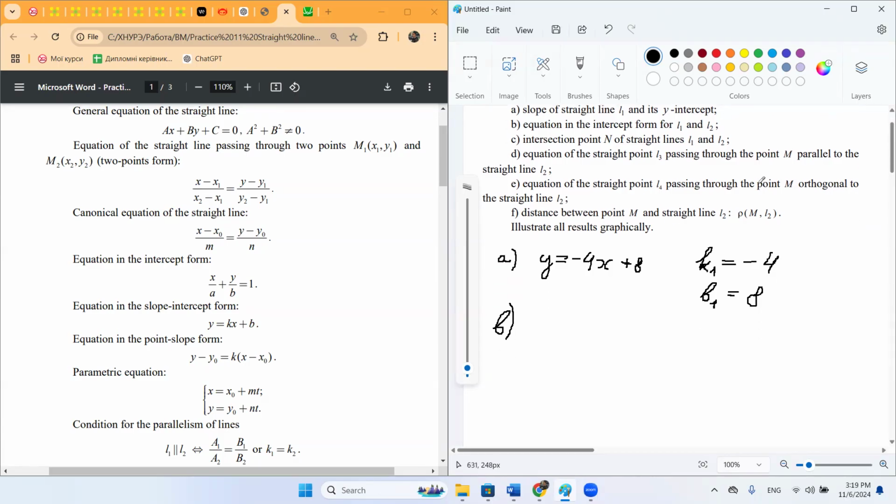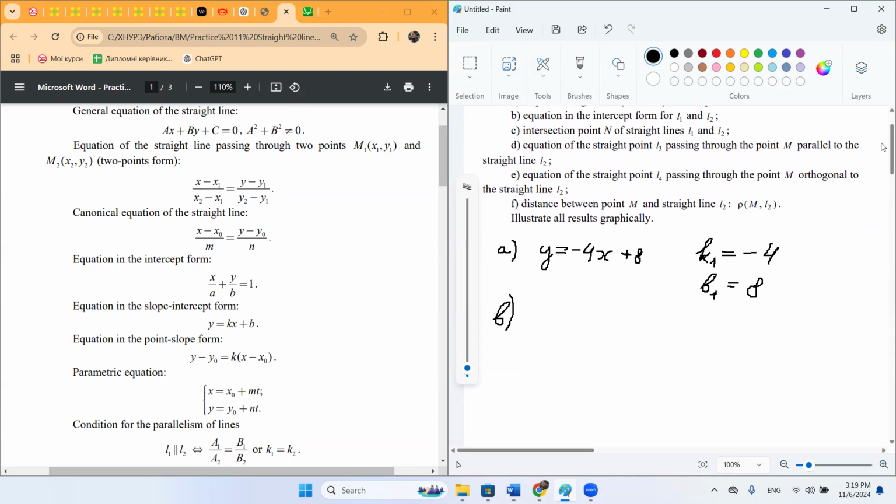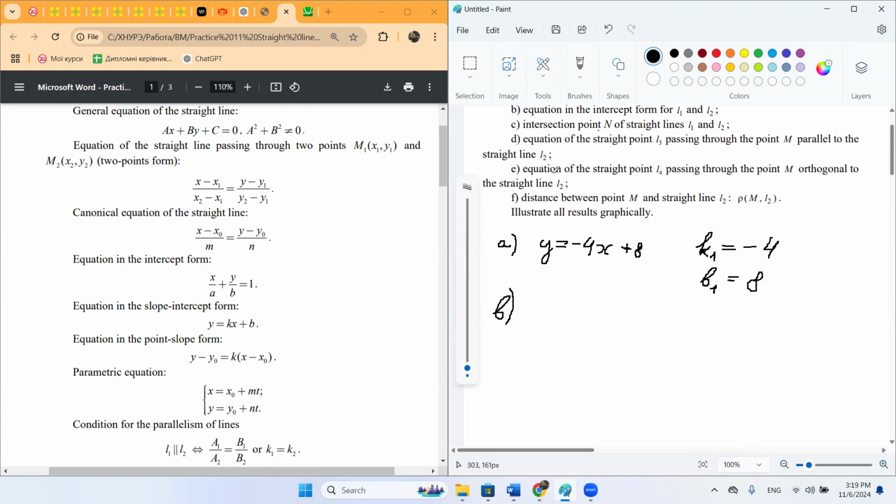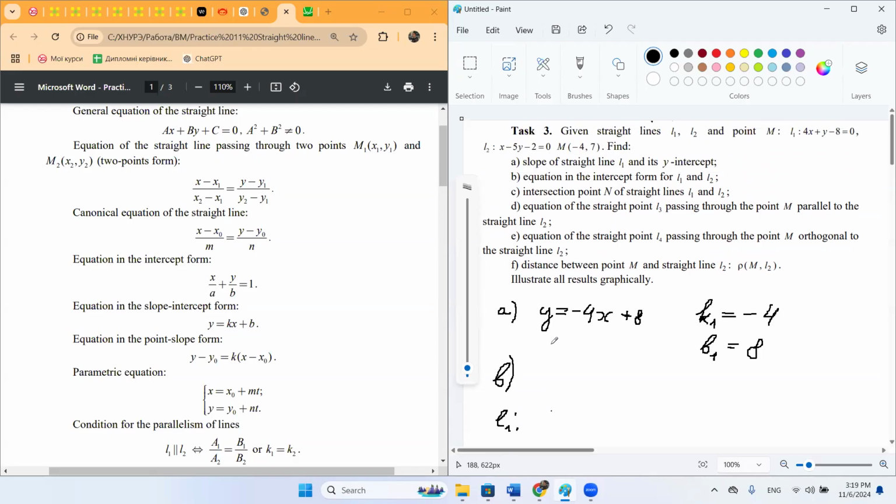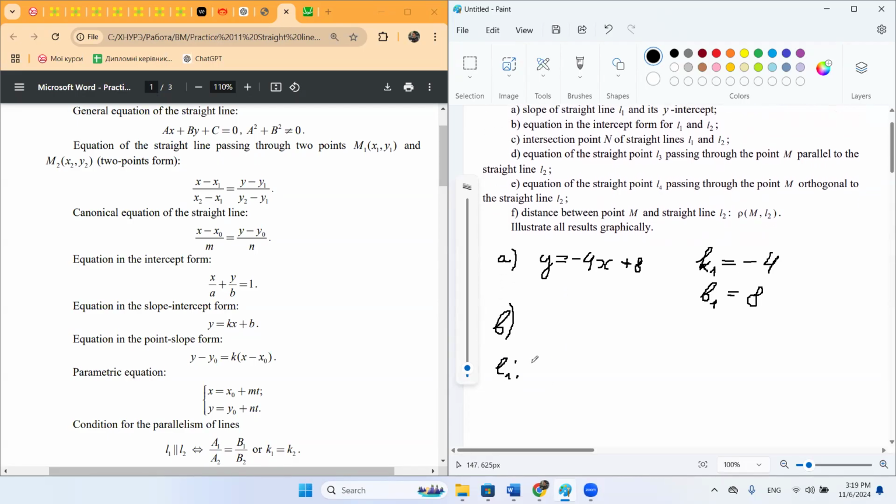Okay. So now writing down the intercept form for both lines. It is useful for us because anyway we will have to draw a graph of these lines. So for the L1 line, let's rewrite.